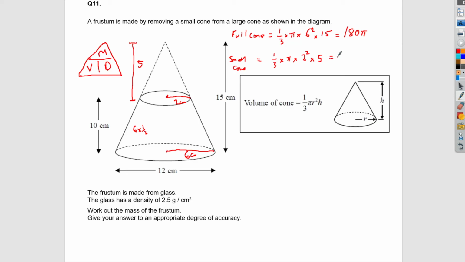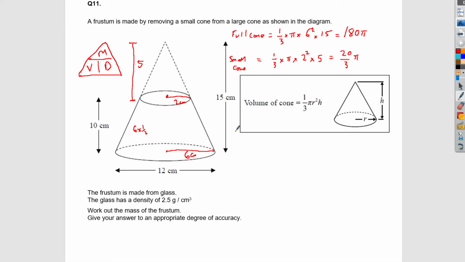So put this in our calculator, because that's going to give us a volume of 20/3 pi. So that's the volume of the full cone, 180 pi. This is the volume of the small cone.